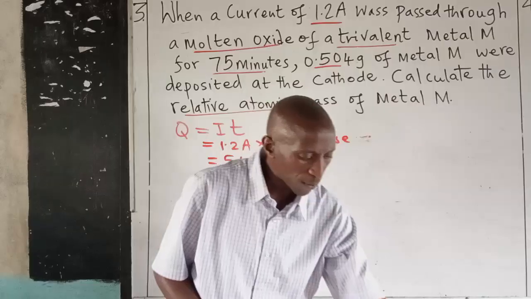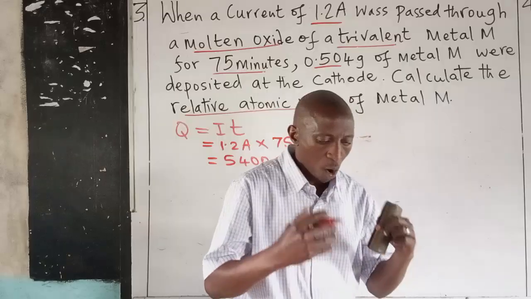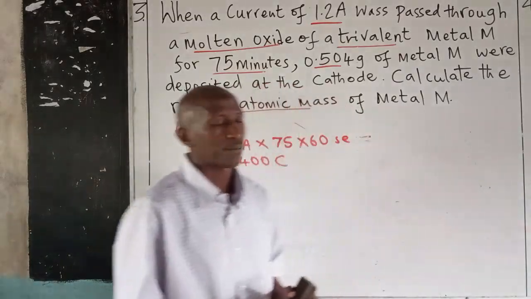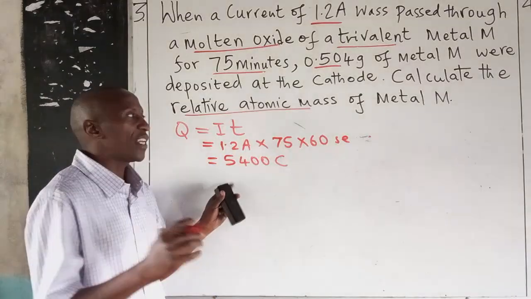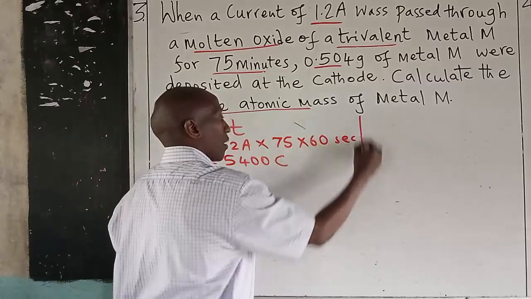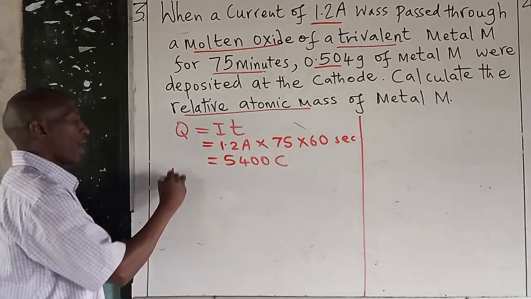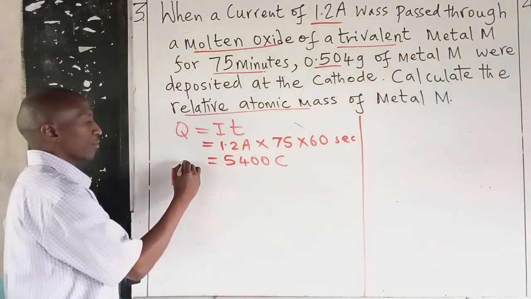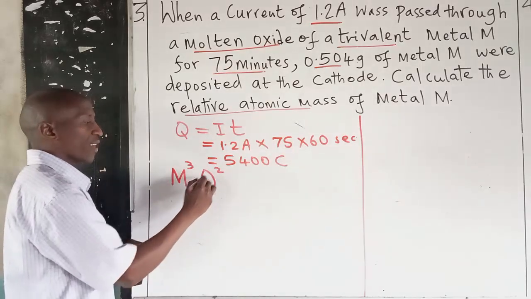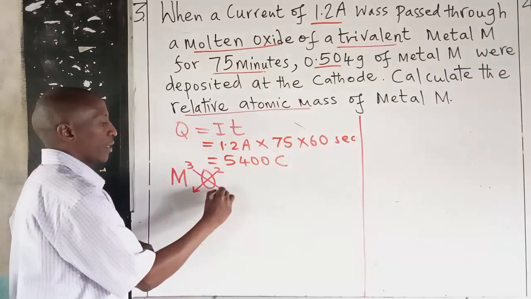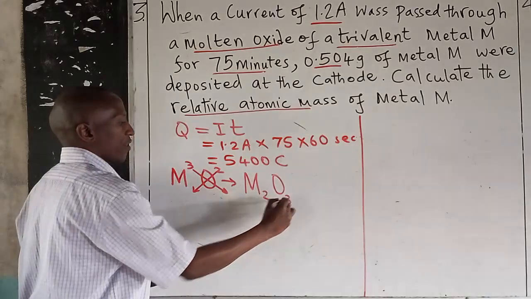Now, part 2, we ask ourselves, when we pass that electricity, what happened to it? We need to visualize the electrolysis, say in terms of M, which is trivalent. Its formula with the oxide would be M2O3.